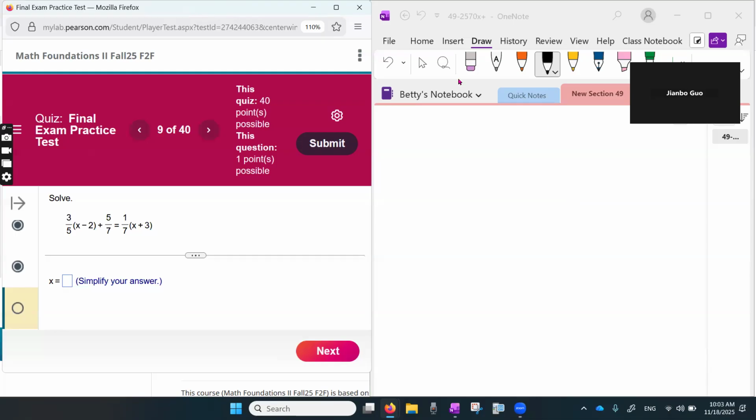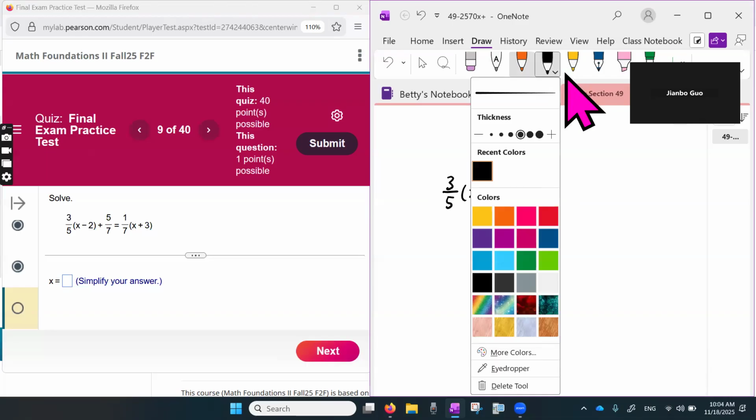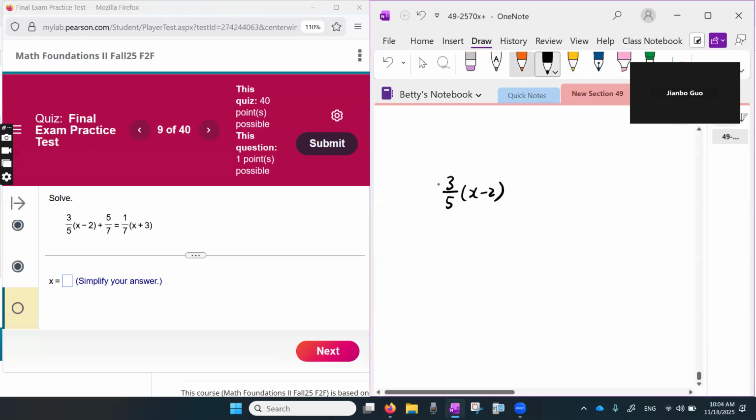So we're going to multiply each single part, the first part, 3 over 5 times x minus 2. I won't change the color, but I'm afraid it's going to delay, so I'm going to just multiply 35 over 1 here. Okay, yeah, that's the new part.